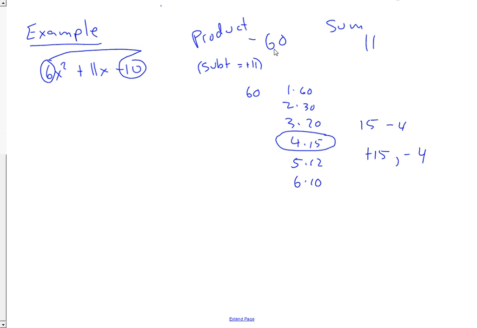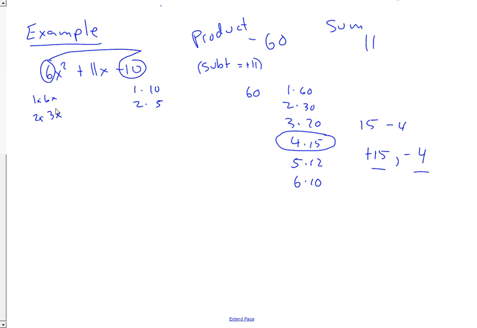Now, because my product was created by multiplying these two numbers from the trinomial, my numbers here are also created by the factors of those numbers. So if I come up with the factors of 6, 1 times 6 and 2 times 3, and I'm going to go ahead and put x in there with it, 1x and 6x, 2x and 3x. My factors of 10 are 1 times 10, 2 times 5, and that's it.